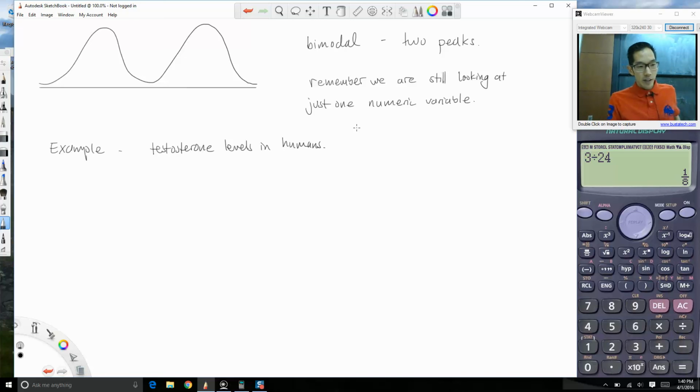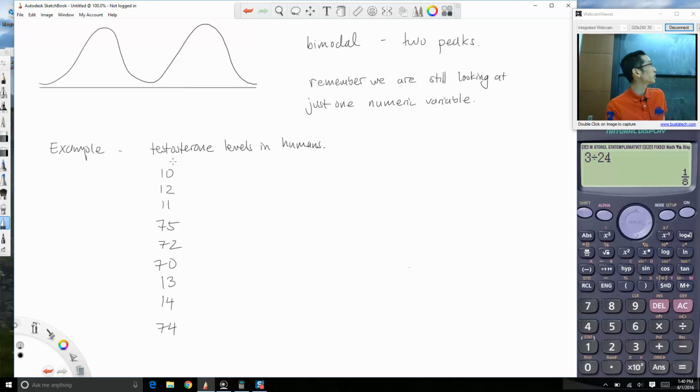And if we just looked at testosterone levels, I'm completely making up these numbers, so don't hold me to this, okay? So we might see values like 10, 12, 11, okay? And we might also see values like 75, 72, 70, and then maybe a value of 13, and a value of 14, and then a value of 74. Or something like this, okay?